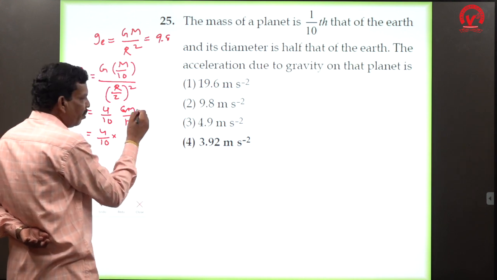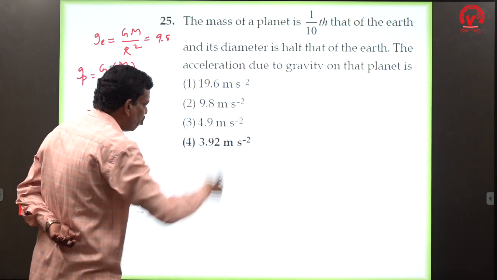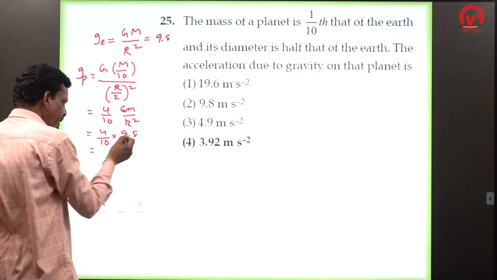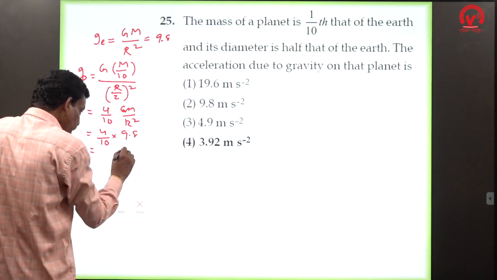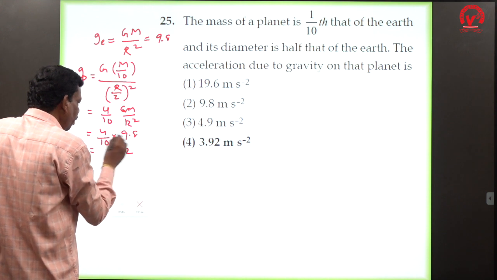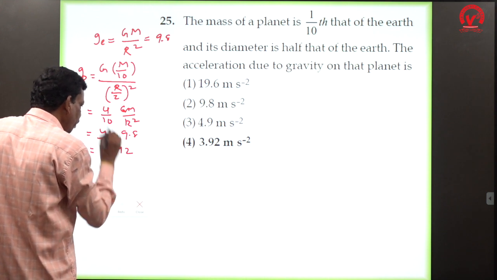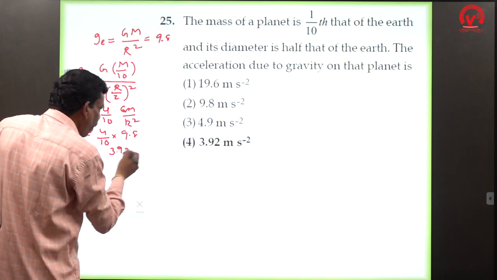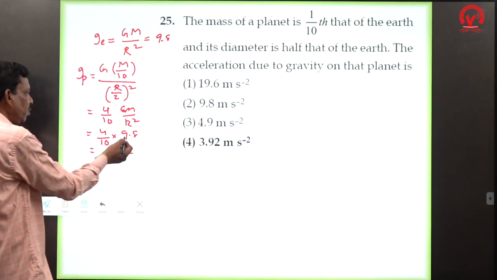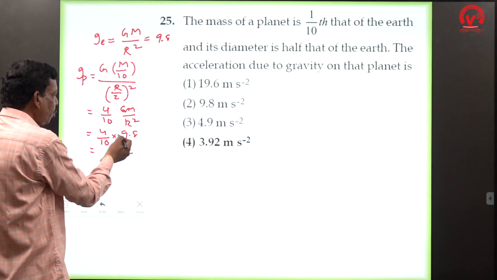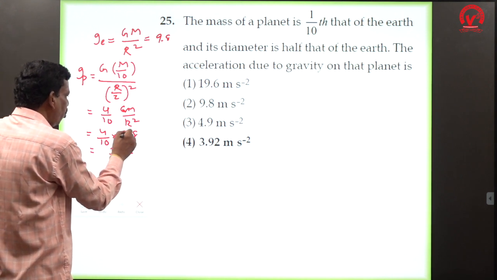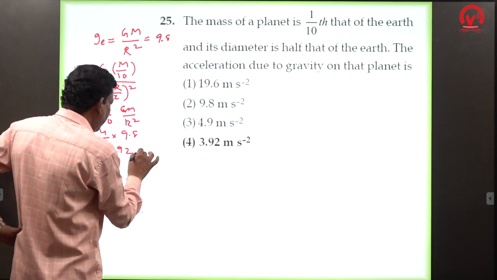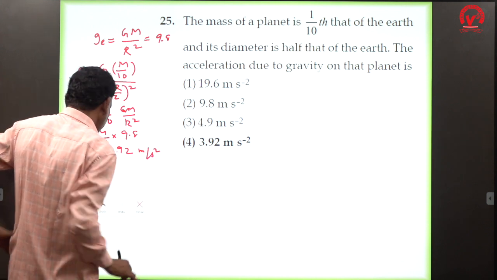In all numericals, g is given as 9.8. So 4 by 10 into 9.8 is 3.92, divided by 10 gives 0.98, then we get 3.92 meter per second square.